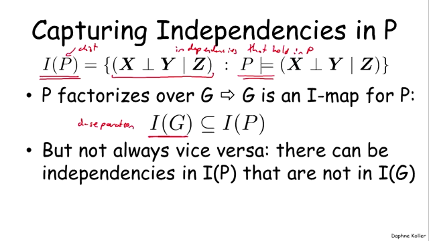That is, there can be independencies that hold in P, that are members of I of P, that are not encoded by the graph structure.